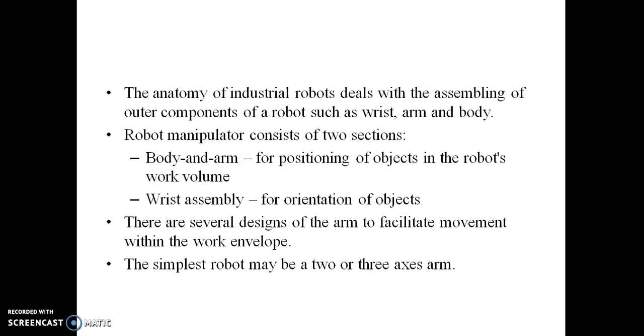The robot assembly consists of different components such as the wrist, arm and the body. Actually, the robot manipulator consists of two parts: the body with the arm. Body and arm are used for positioning of the object in the robot's work volume, and the wrist assembly is used for the orientation of the objects.